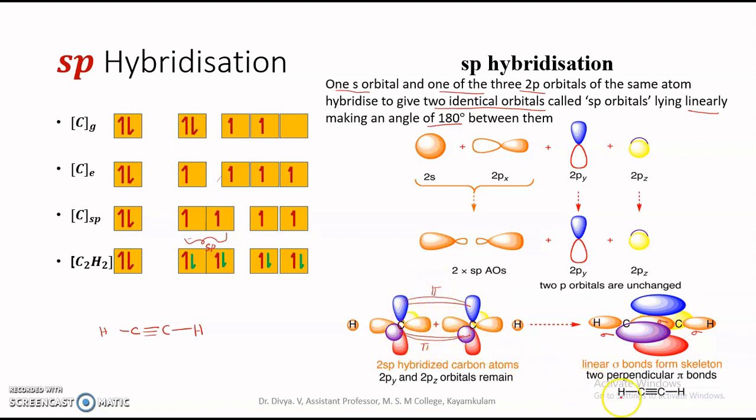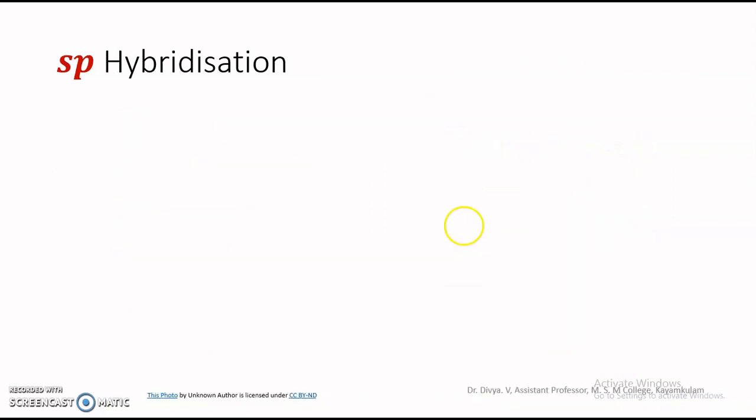Okay, so in acetylene, between these 2 carbon atoms there is only 1 sigma bond and then 2 pi bonds. Okay, now let's see the sp hybridization involved in the beryllium difluoride molecule.